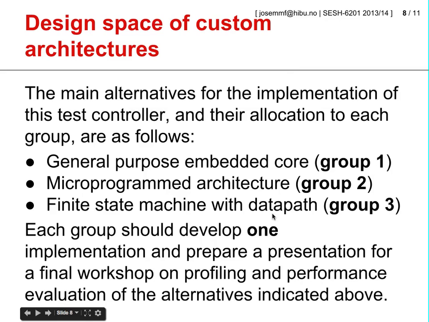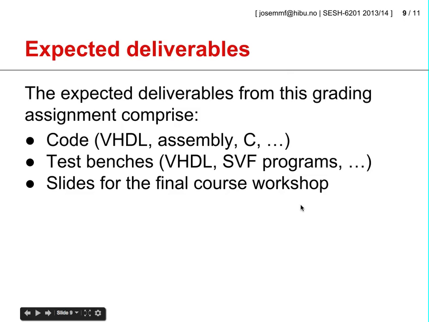So each group will implement this functional specification using the implementation alternative indicated here in this slide, and then prepare these slides for the final course workshop. So the expected deliverables from this coursework comprise code files, be it in VHDL and assembly or C, according to which embedded core you select. The VHDL will be used, for example, for the communications module or for the local memory.